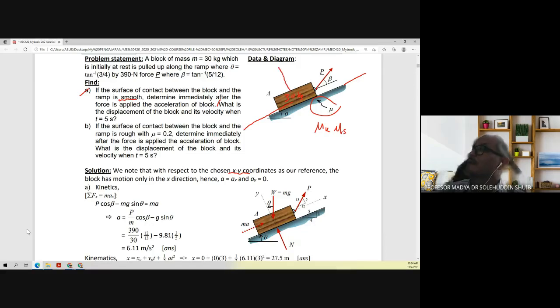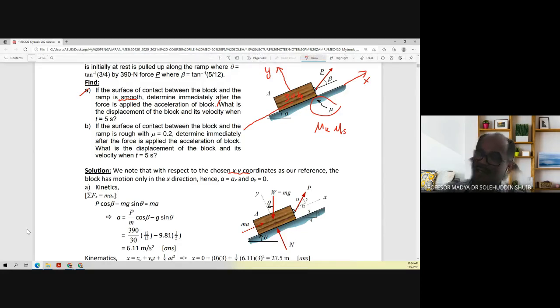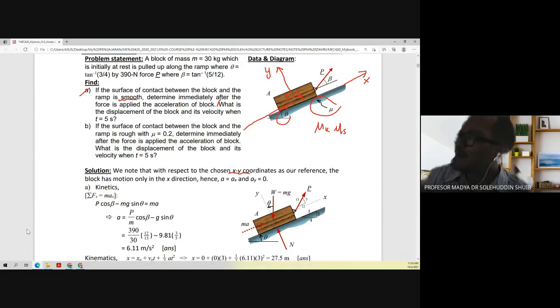We take this as the x axis and this as the y axis. If you work from there, it will be much easier. Only this part we need to write in terms of sine and cosine.